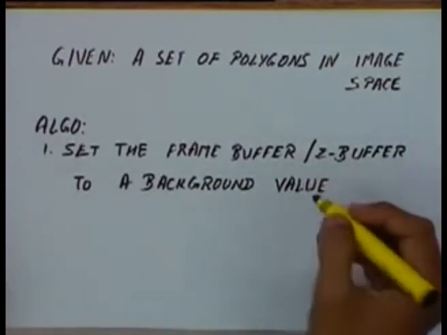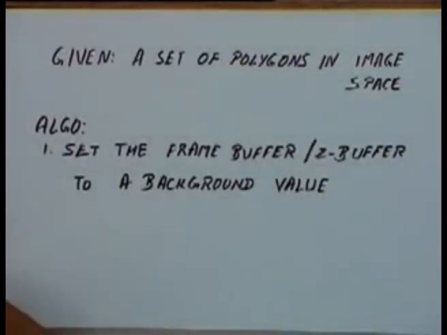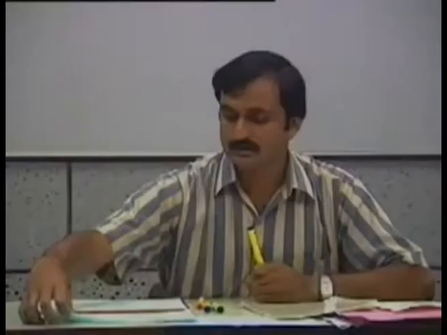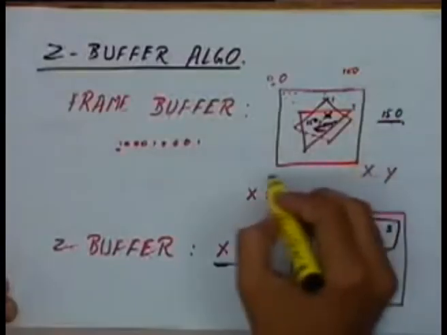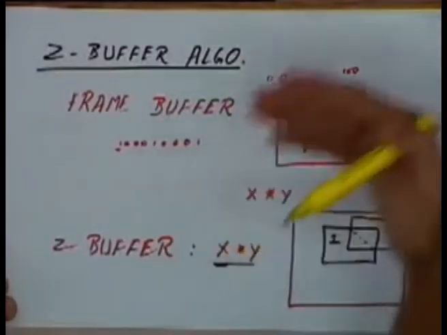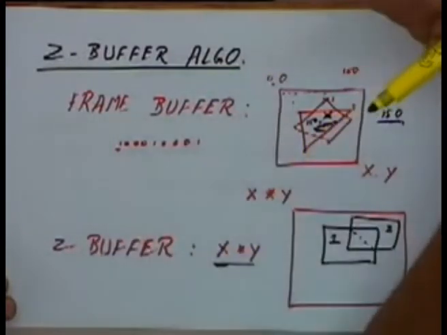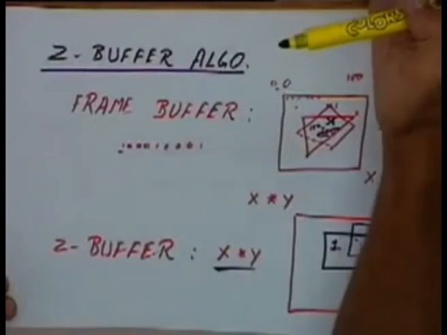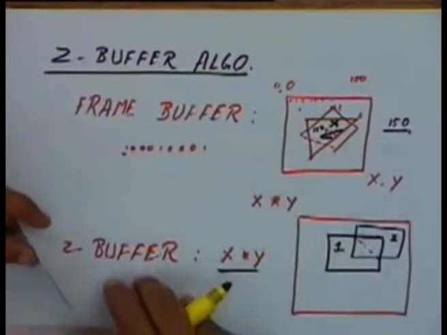A background value, in the case of a frame buffer, will have some background intensity or background color. What that basically means is that initially we will set the whole screen to correspond to as if nothing is being displayed. That means whatever is the color of the background, whatever is the depth of the background, that will be initialized to all the pixels. That is the first step.